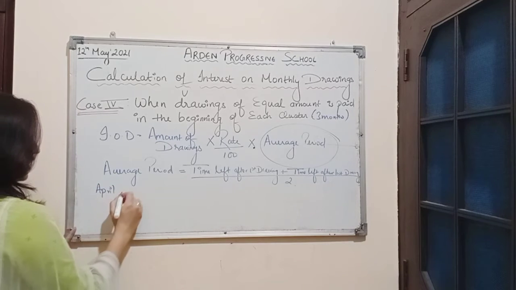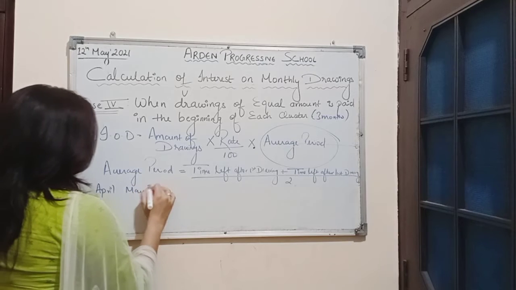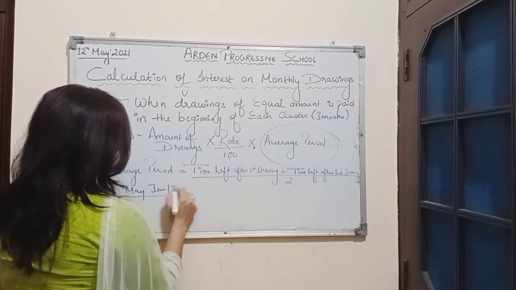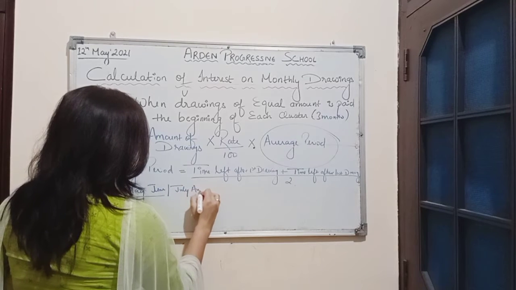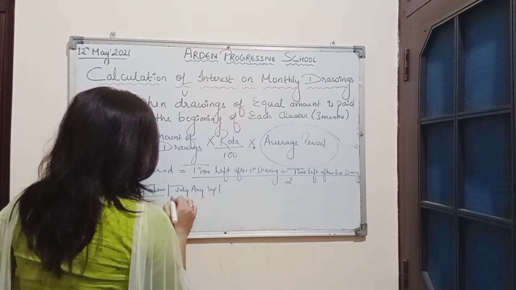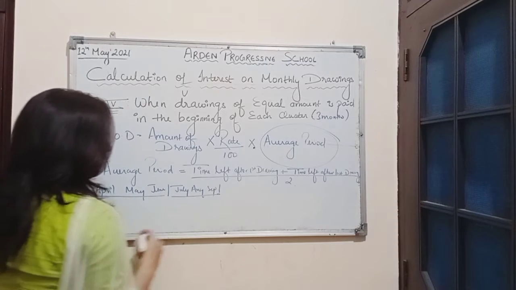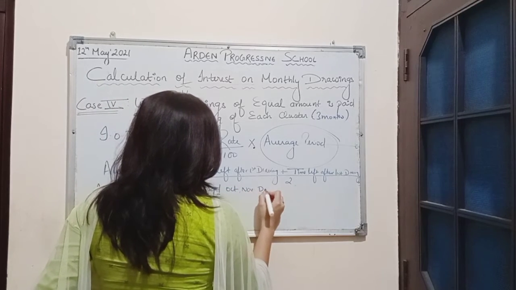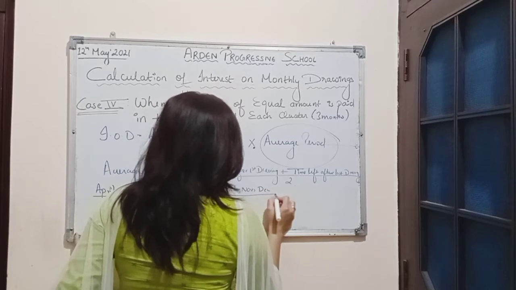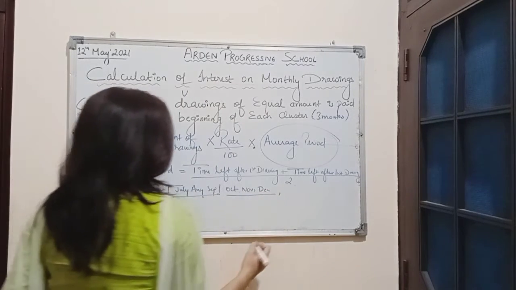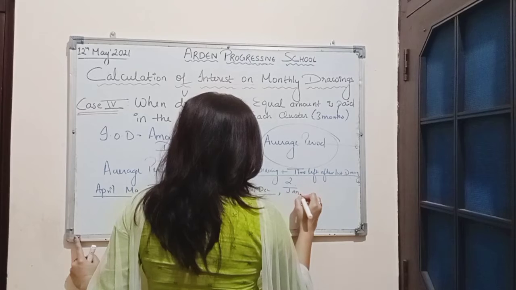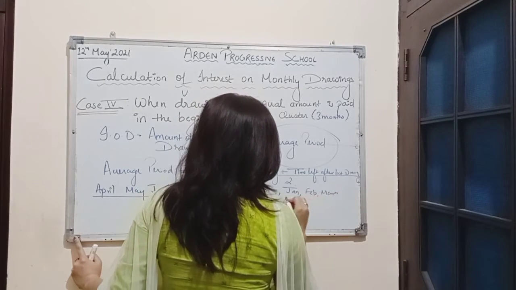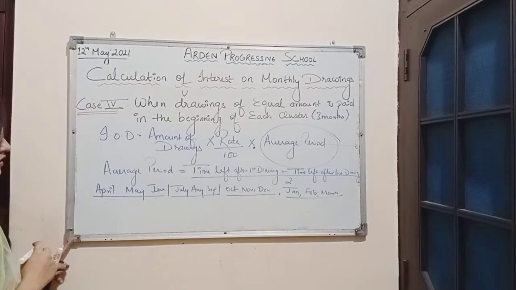April, May, June will be the first quarter, then July, August, September is the second quarter, then October, November, December will be the third quarter, and the last quarter will be January, February and March. This is the fourth quarter.